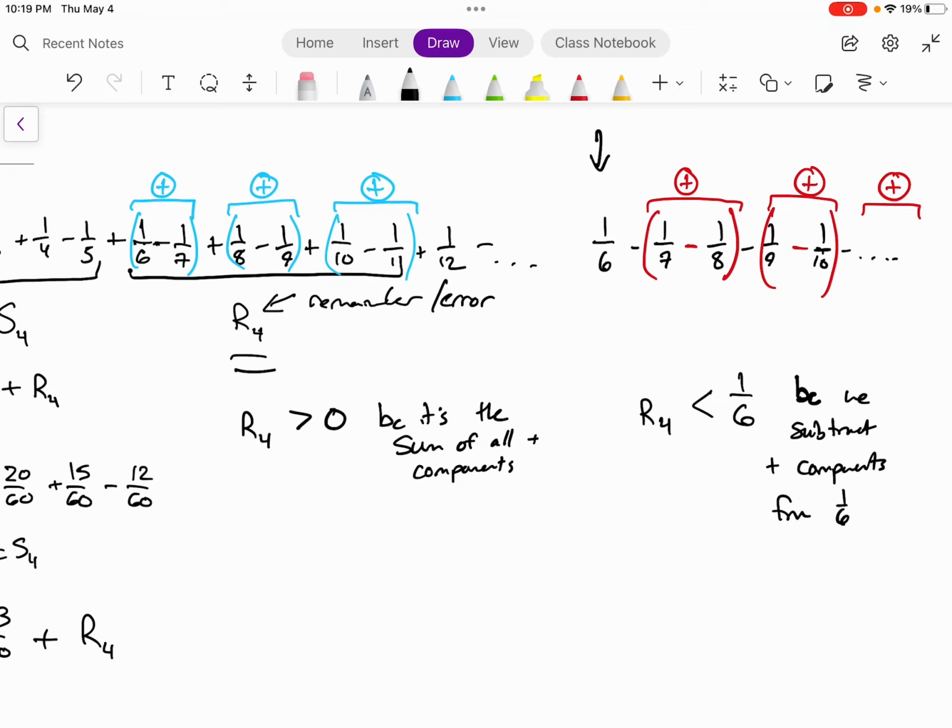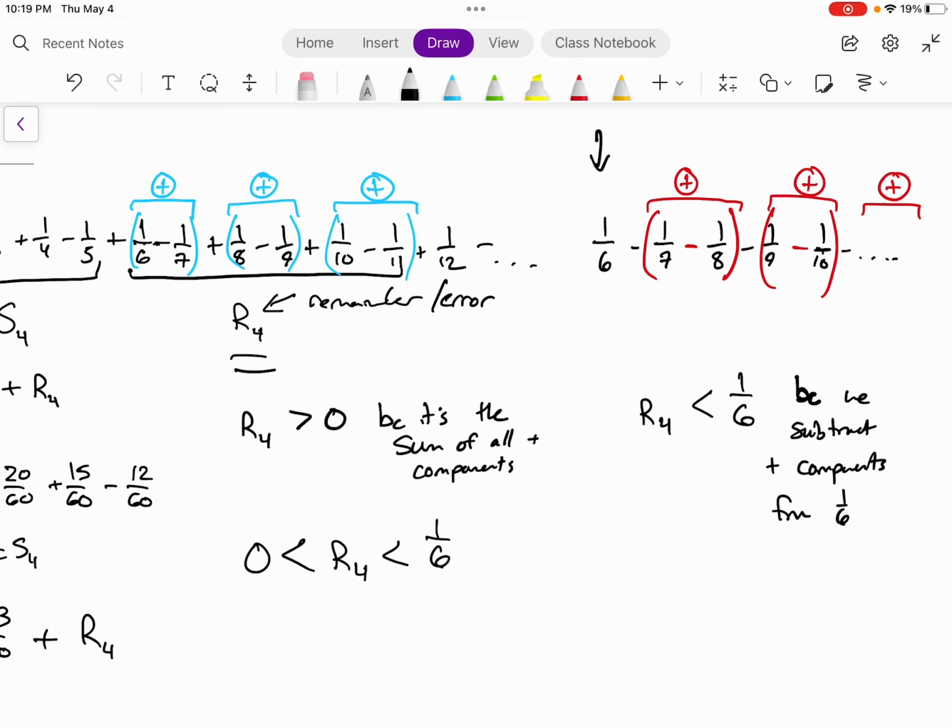So what does that tell us? This is sort of my aside over here. That tells us that I have a bound for this fourth remainder of my partial sum, and it's between 0 and a sixth.